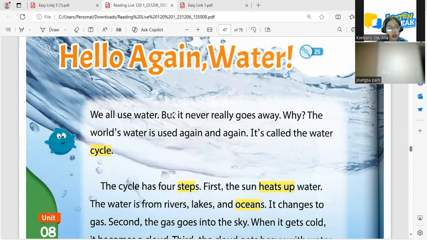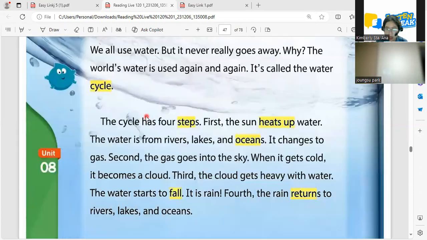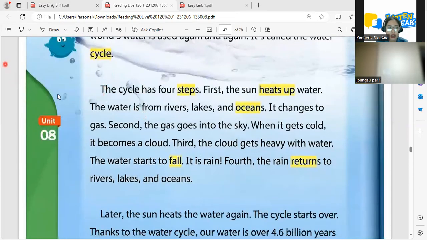So how does the water cycle work? So let's have this one. The cycle has four steps. First, the sun heats up water.